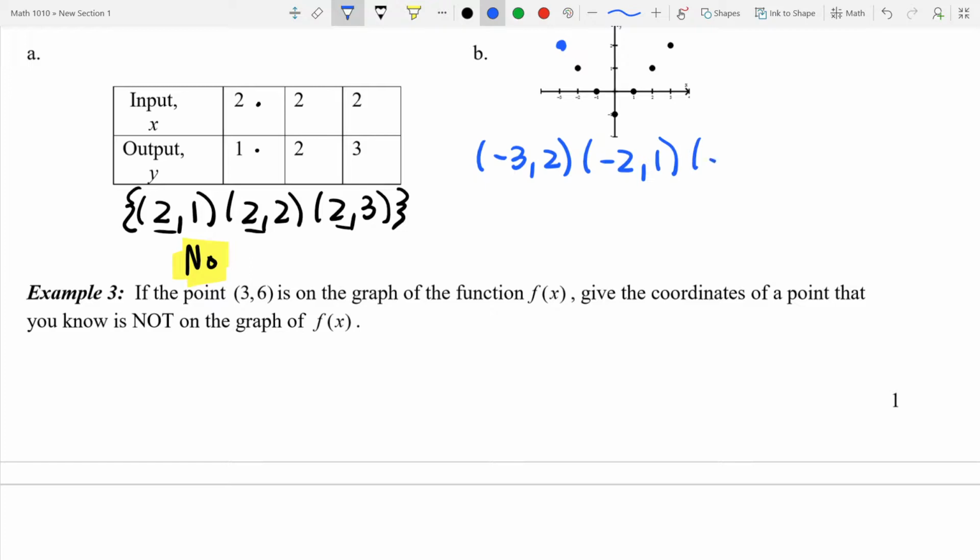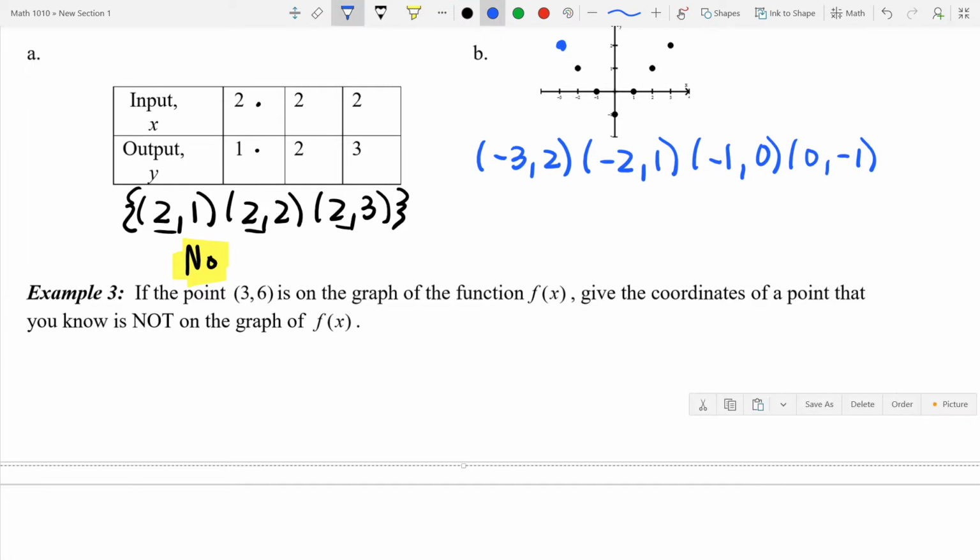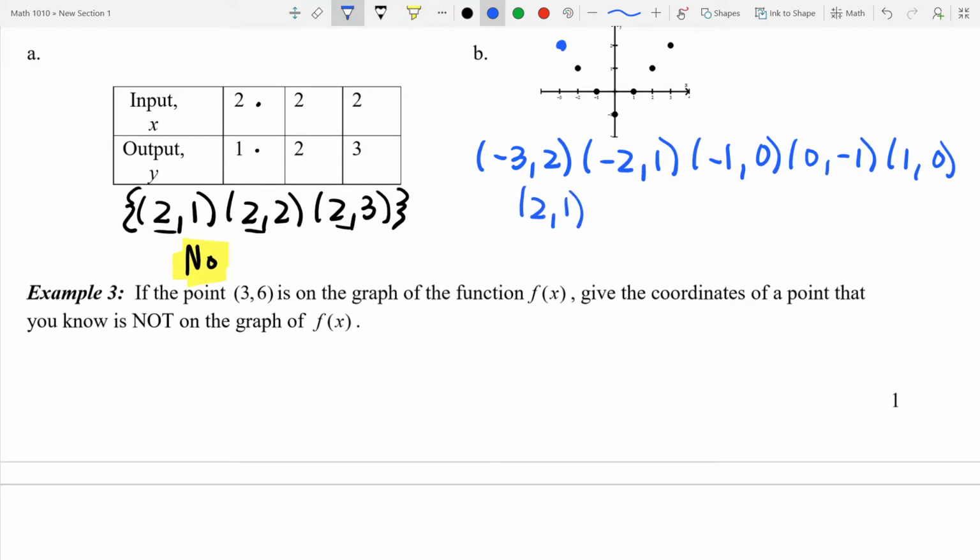The next one is left 1, that's -1, not up or down, that's 0. The next one is 0, didn't go right or left, down 1 is -1. The next one is right 1, didn't go up or down, so that's a 0. The next one is right 2, up 1. And the next one is right 3, up 2.